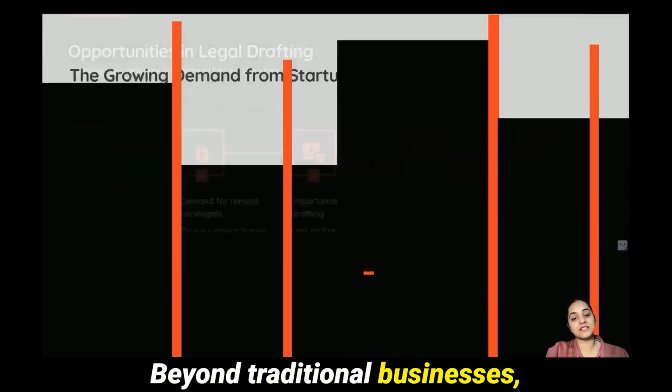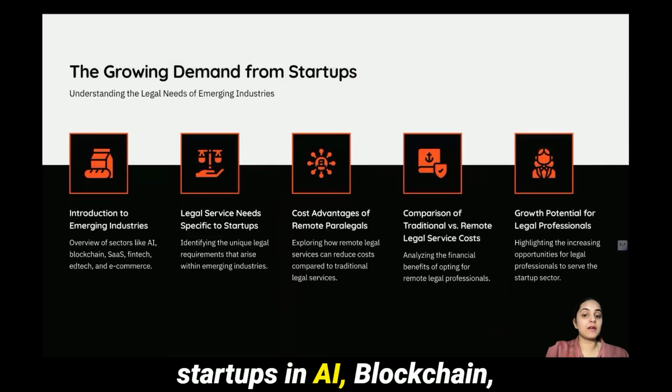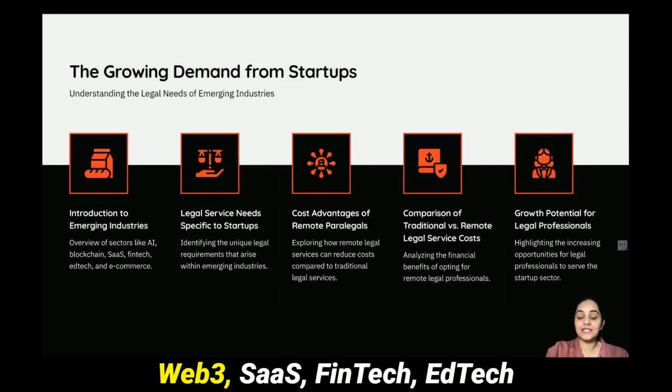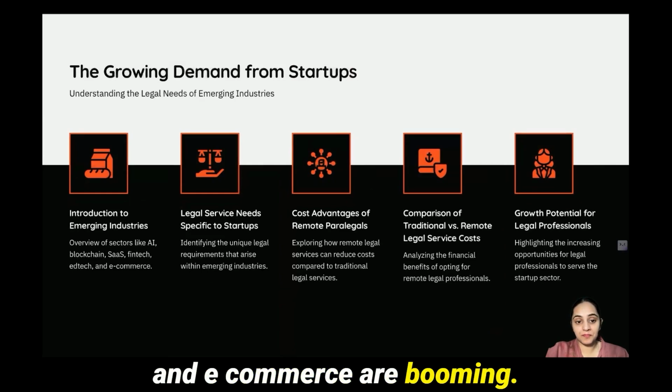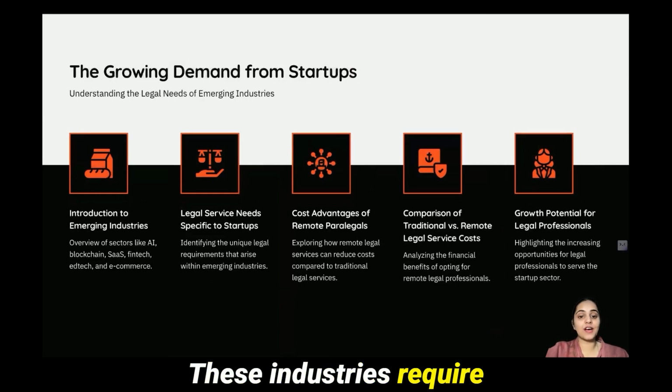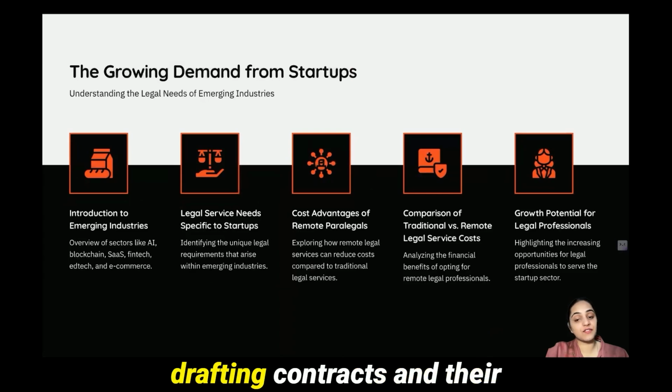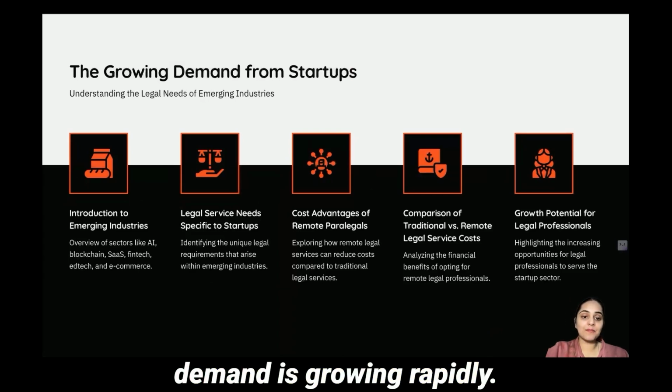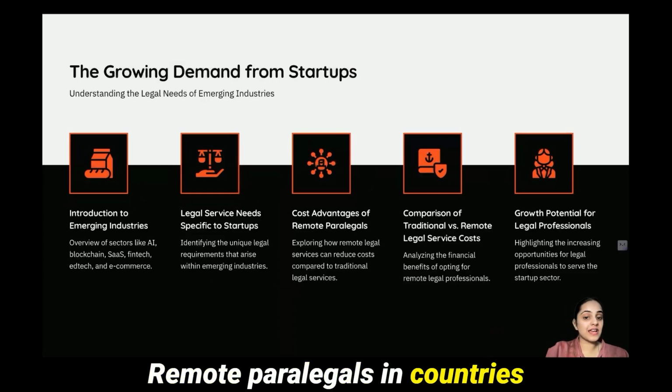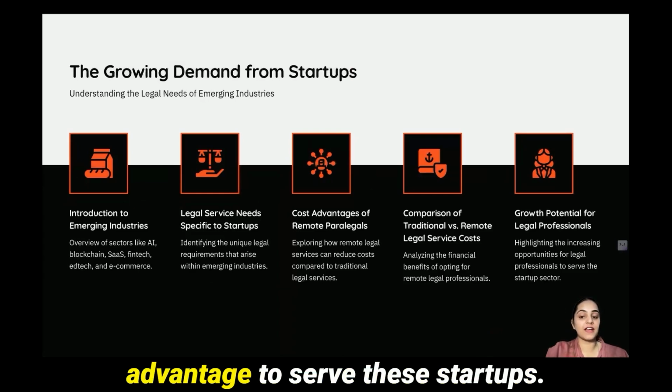Beyond traditional businesses, startups in AI, blockchain, Web3, SaaS, fintech, edtech, and e-commerce are booming. These industries require affordable legal services for drafting contracts, and their demand is growing rapidly. Remote paralegals in countries like India have a unique cost advantage to serve these startups.